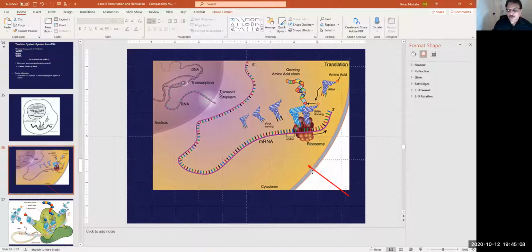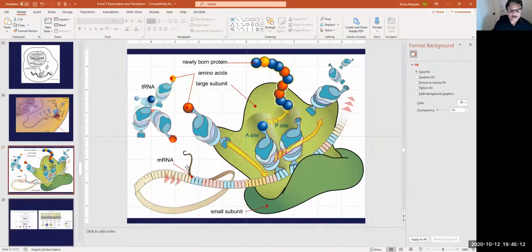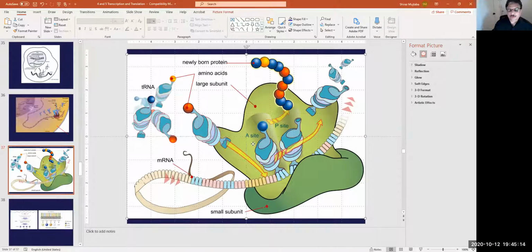So let's go more deep. What you see here is that a ribosome has a smaller subunit and a larger subunit. On the smaller subunit, the recognition of mRNA and tRNA takes place. On the larger subunit, peptide bond formation takes place.